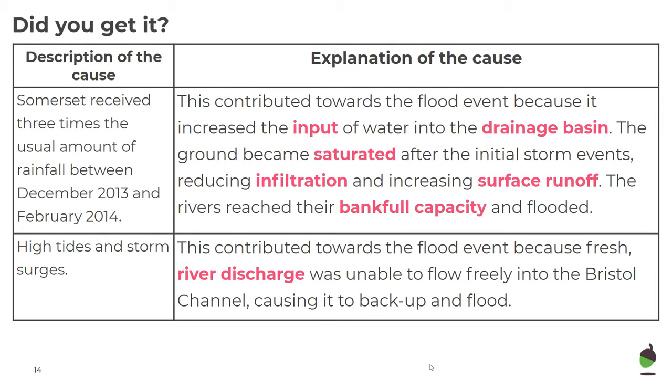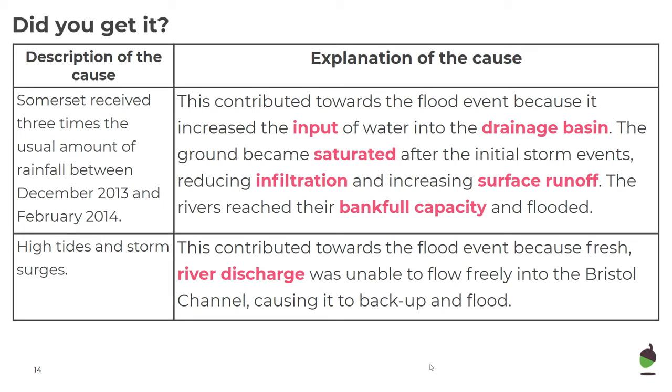So let's look at the first physical cause of flooding. Somerset received 3 times the usual amount of rainfall between December 2013 and February 2014. This contributed towards the flood event because it increased the input of water into the drainage basin. The ground became saturated after the initial storm events, reducing infiltration and increasing surface runoff.